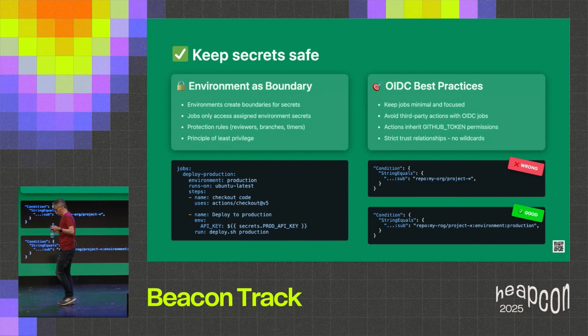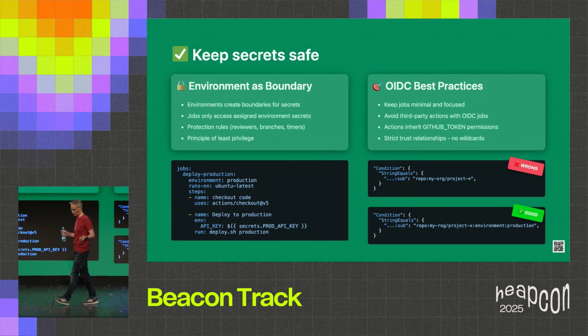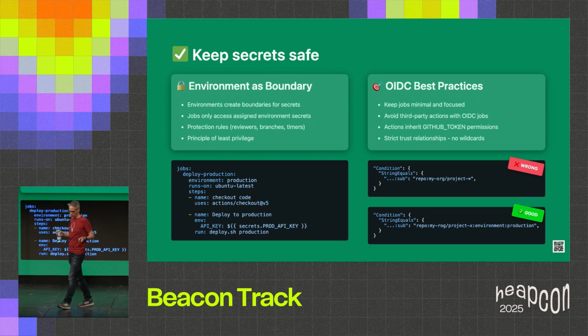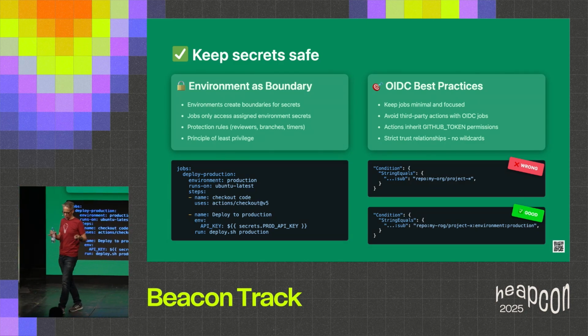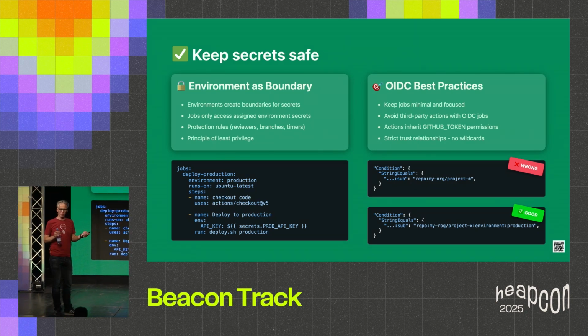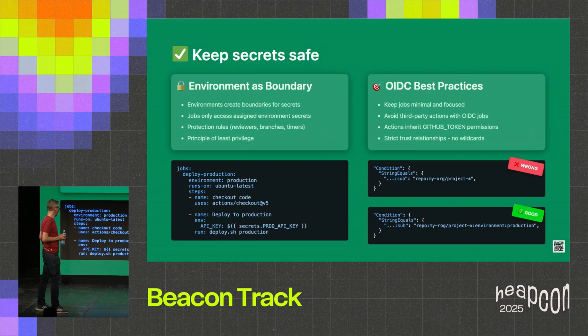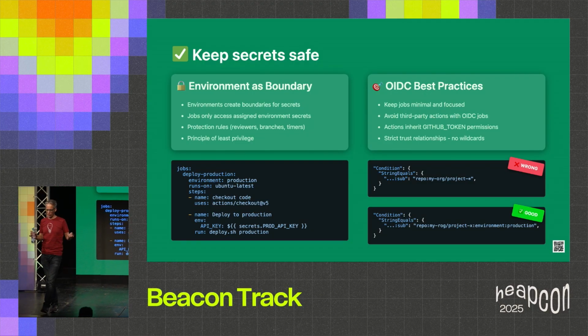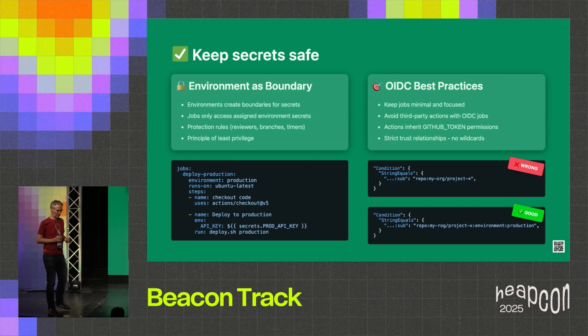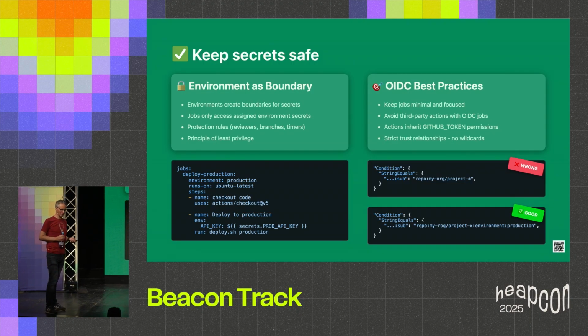So when we use secrets, it's important that we keep them safe. So also for our secrets, we can define boundaries. And a way to define boundaries in GitHub Actions is defining environments. So you can, for example, only allow a certain secret to be available in a production environment.